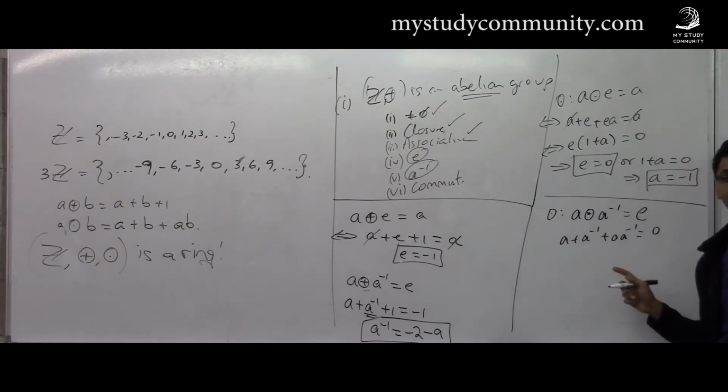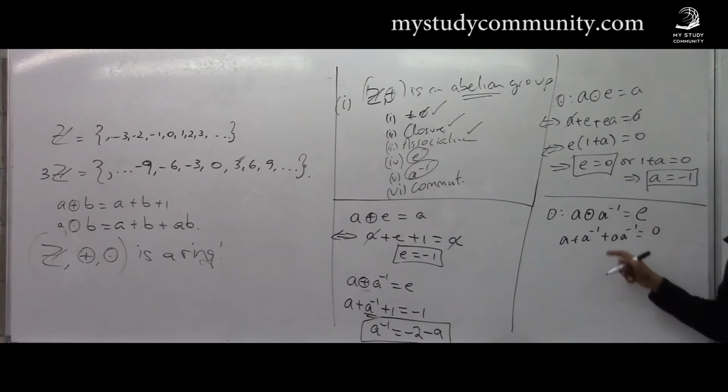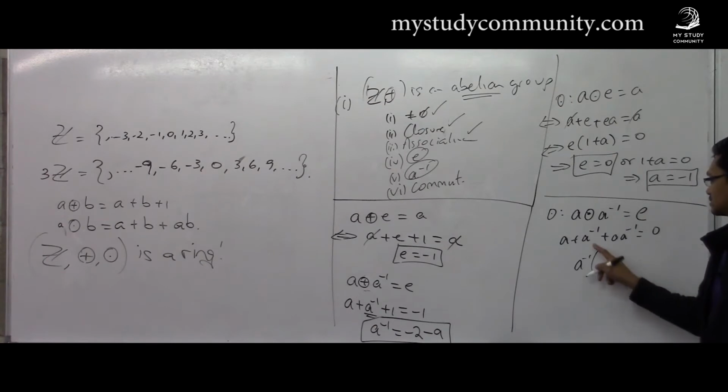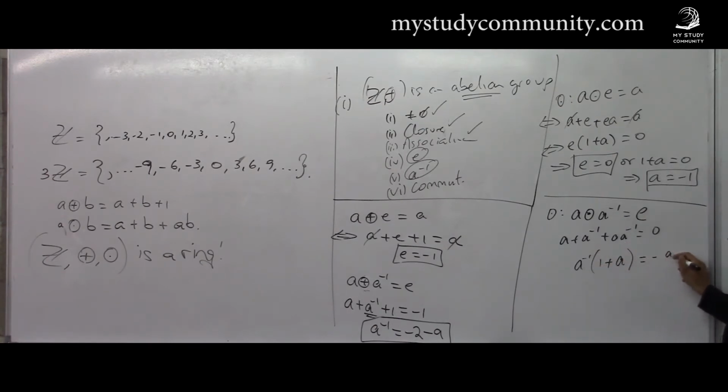What do we want to solve? We want the inverse. We solve for A inverse, which gives A inverse times (1 plus A) equals negative A. So A inverse is A over A plus 1. You got this? Nice.